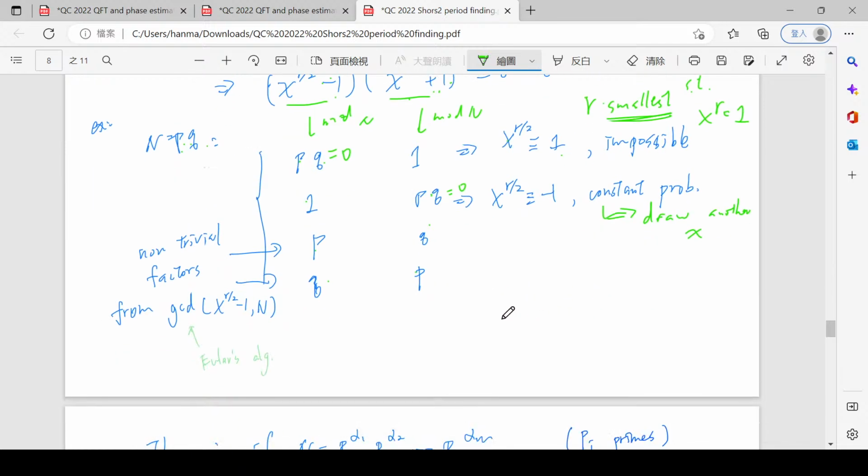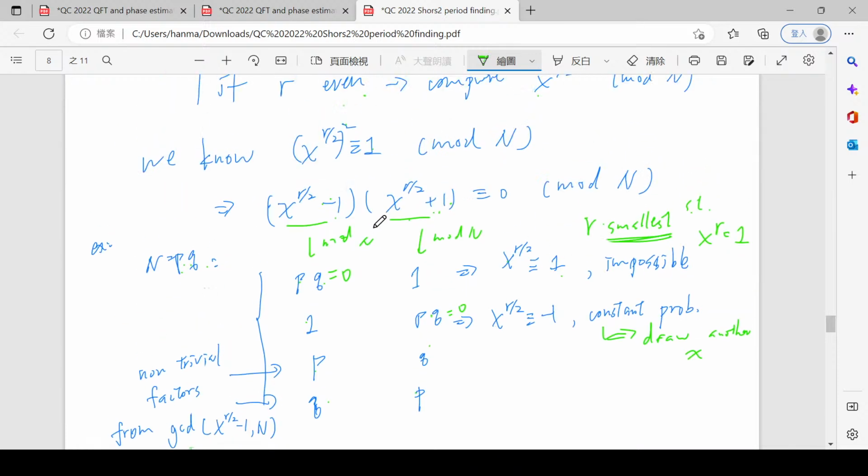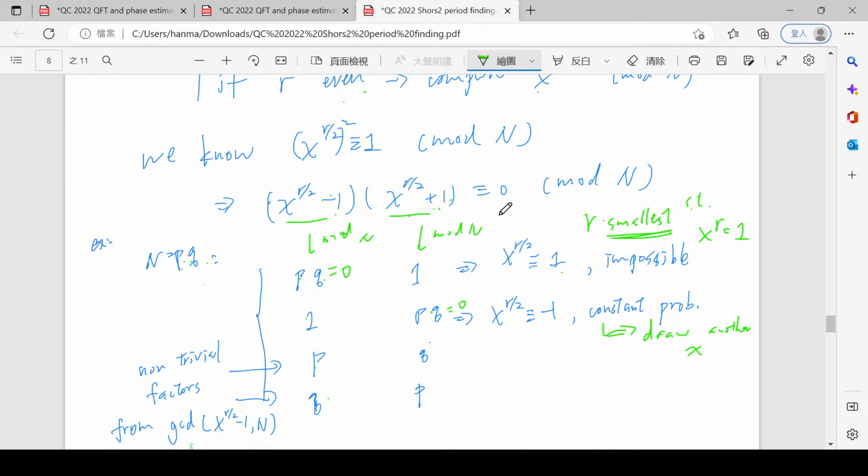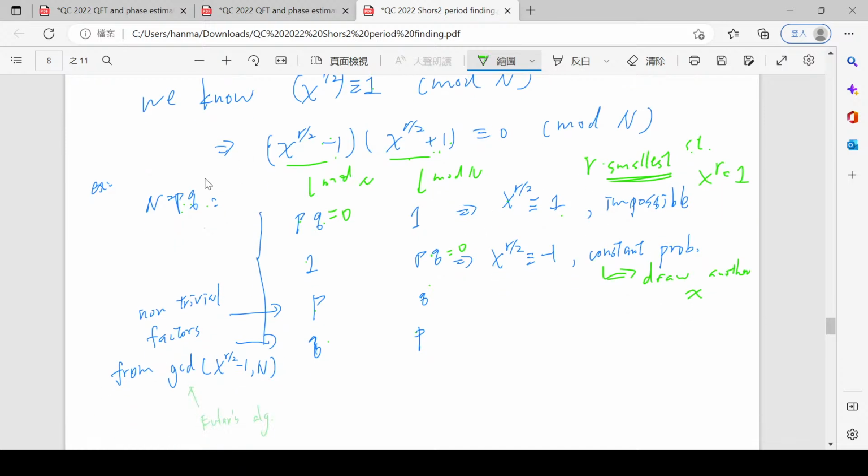And now finally the happy part. If either of these happen, then we get our factoring. Why? Because if either of these happen, then basically they are factors.